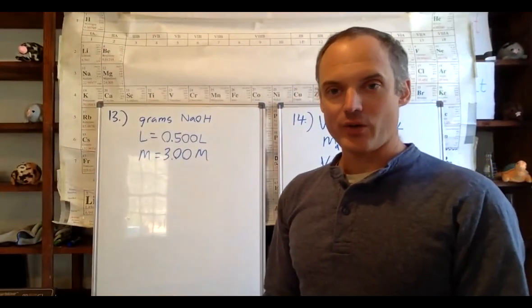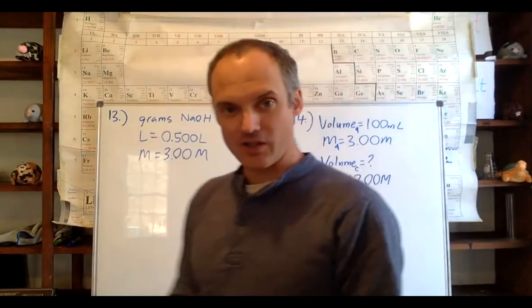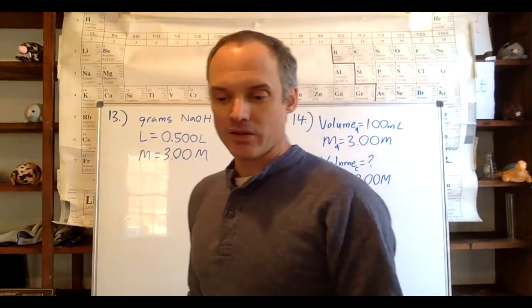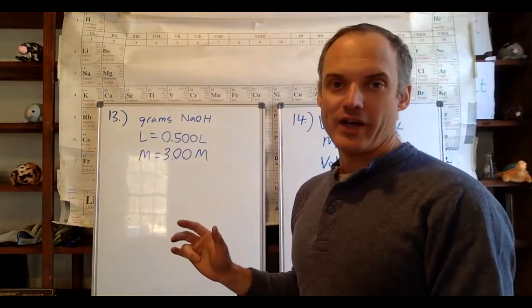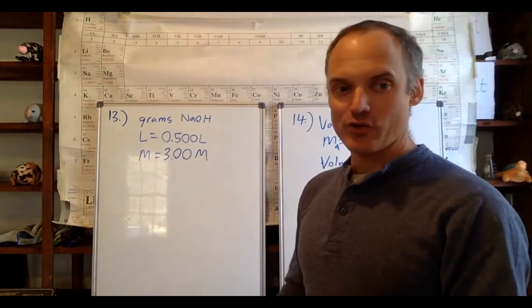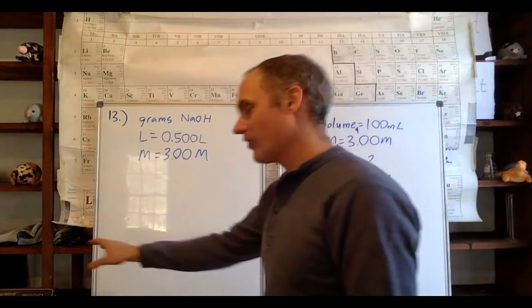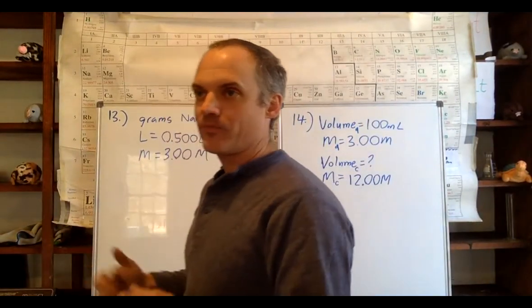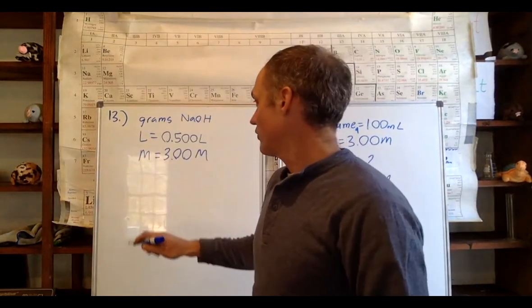All right, so we're going to go over the mole test review, questions 13 and 14, and see if we can work these out. These questions are both concentration of solution type questions. They're going to use the two equations that we need for finding the strength of a solution, the molarity of the solution.